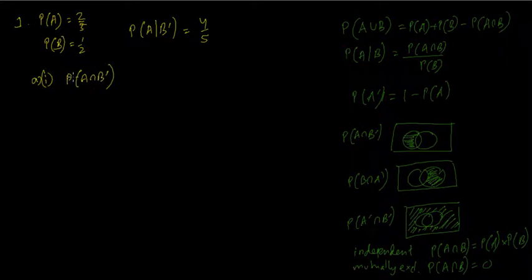Now remember, for A intersection B prime, we should use the Venn diagram. We cannot use the formula because the formula is for union and conditional probability. So first take a look at the Venn diagram.